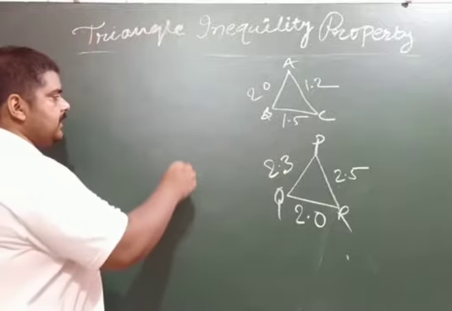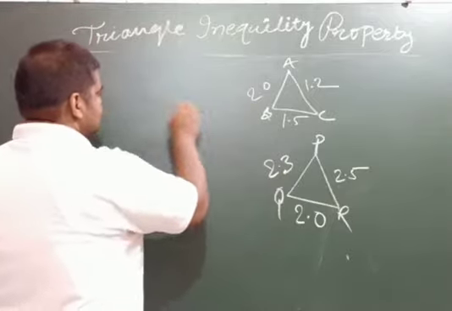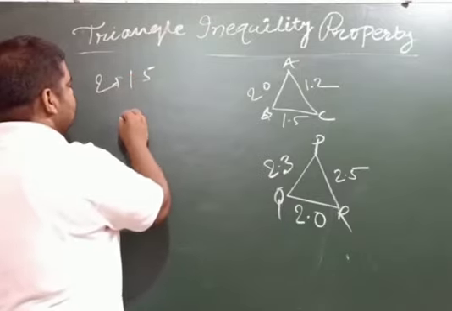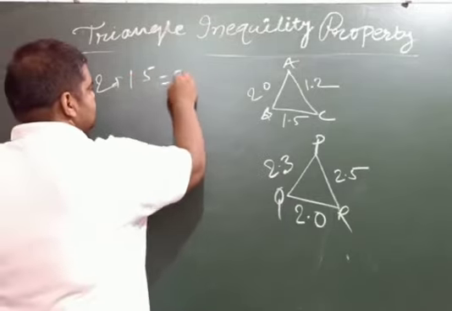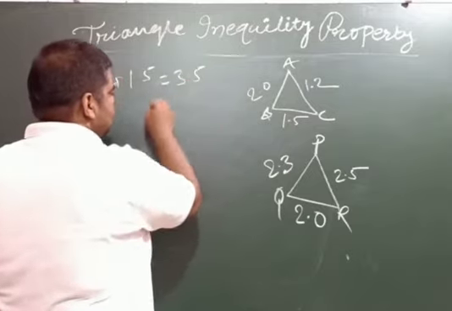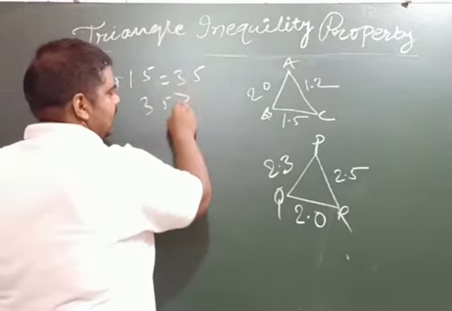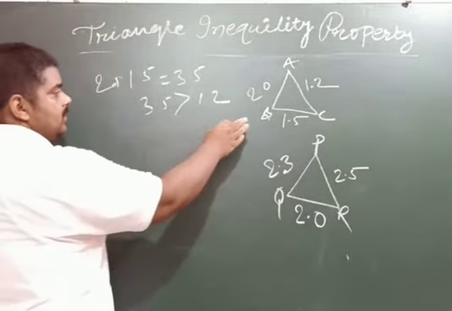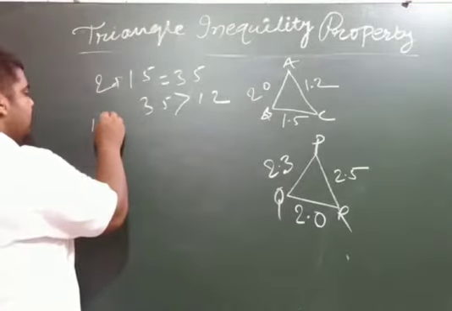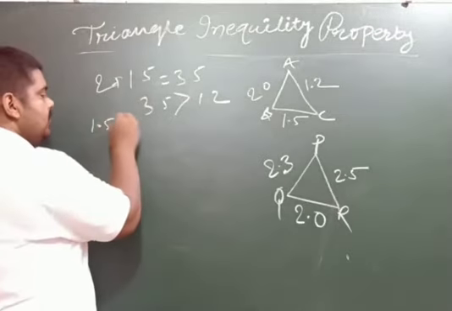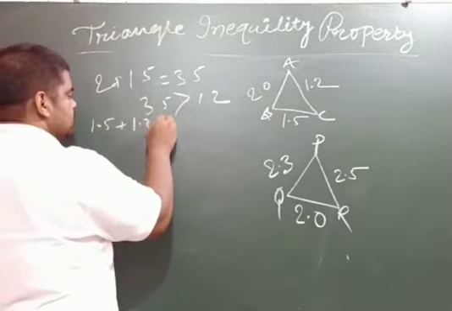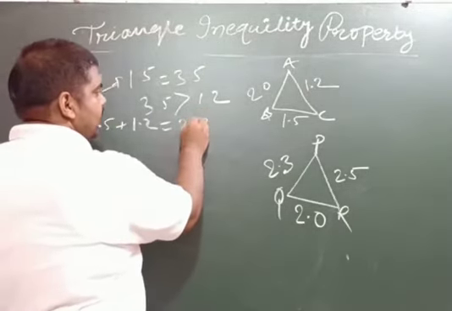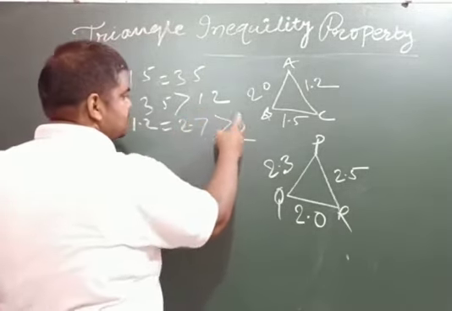By this property you have to check that 2 plus 1.5 is equal to 3.5, and 3.5 is greater than 1.2. Similarly, check the second one: 1.5 plus 1.2 is 2.7, and 2.7 is greater than 2.